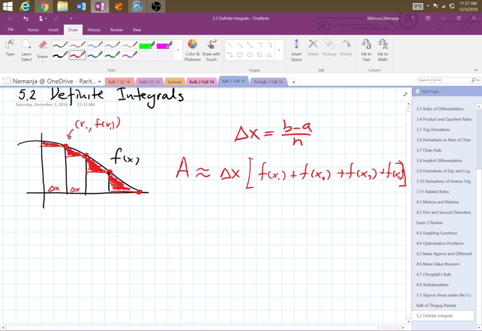So how do we get it better? Well, we introduce more rectangles, and as you draw more rectangles, the amount of error decreases, because now the error would be the blue portion here. Considerably less error than before.